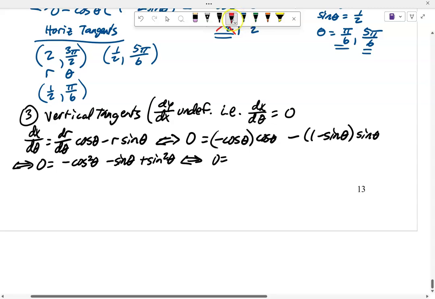So I'm going to replace cosine squared with 1 minus sine squared. Remember, sine squared plus cosine squared is 1. So let me replace that, so I'm just left with sines here.